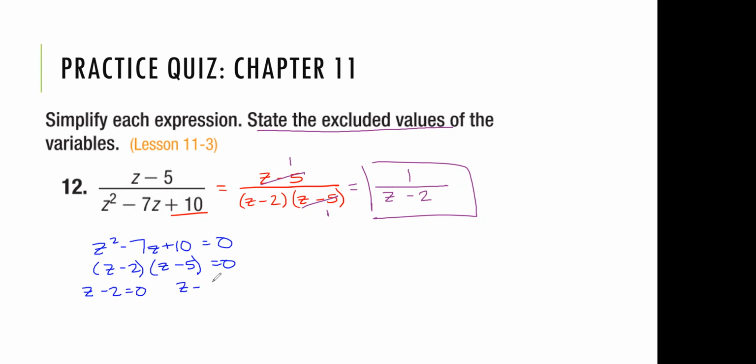I'm still seeing a lot of students not do this last step. So what we do is solve for z. We add 2 to both sides here, so z is equal to positive 2, not negative. And here we add 5 to both sides, so z is equal to 5. So these are our excluded values.